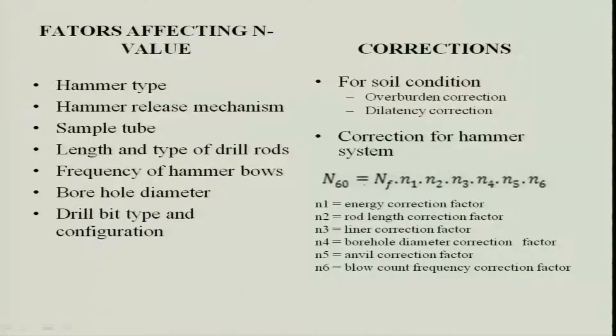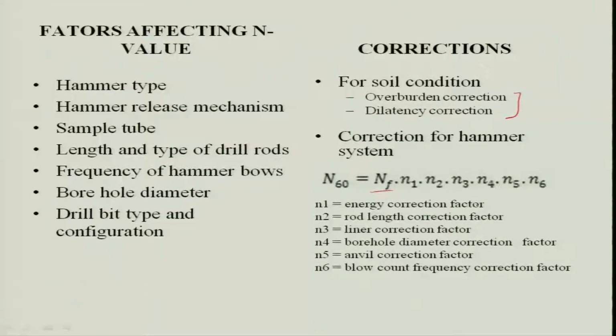There are basically two corrections required. One is the overburden correction and the second is the dilatancy correction. I am going to discuss this in detail. Correction for the hammer system is generally called N60. Whatever your penetration resistance, there are corrections N1, N2, N3, N4, N5 and N6.